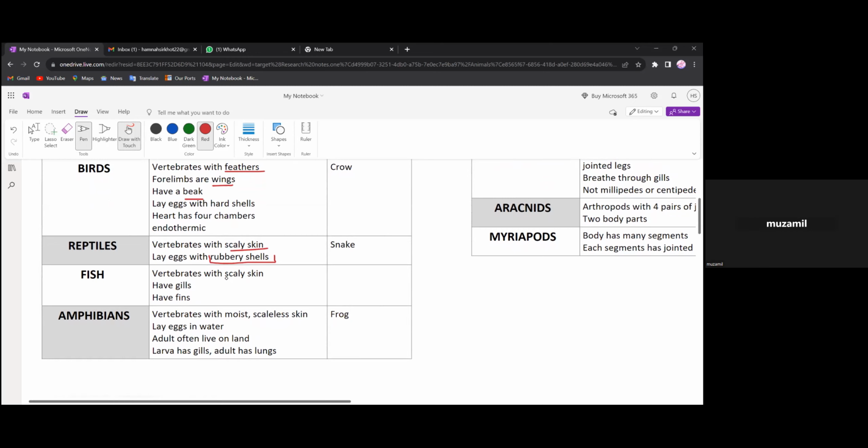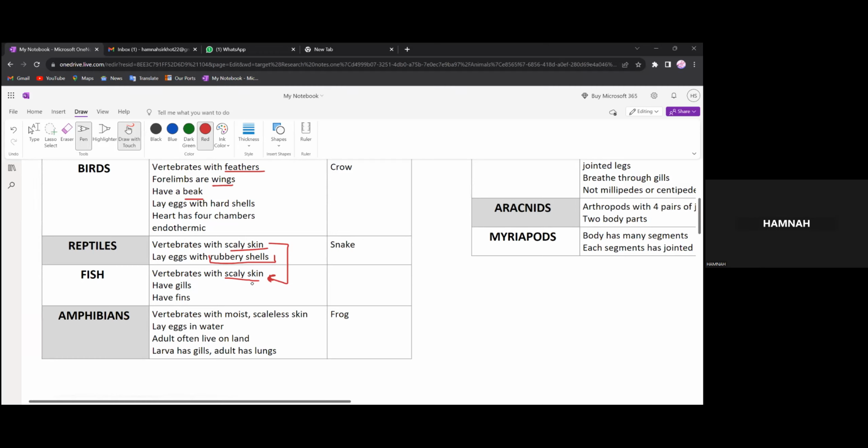Now we have fish, also with scaly skin, but these scaly skins are different, right? They're kind of hard. Fish scales and reptilian scales are different because we've seen fish, we eat fish, and you know how we descale a fish sometimes. Have you ever seen your mother or a restaurant descale a fish?